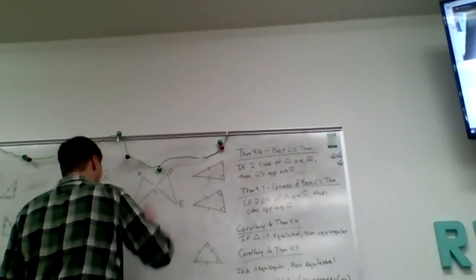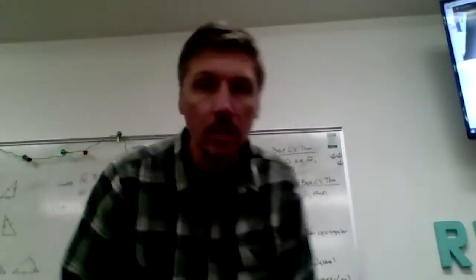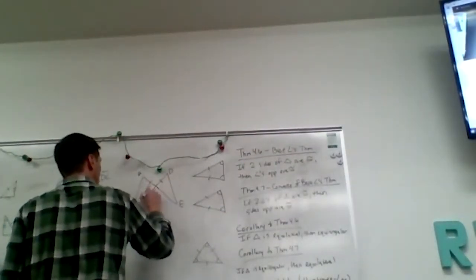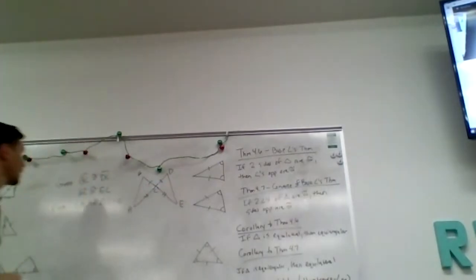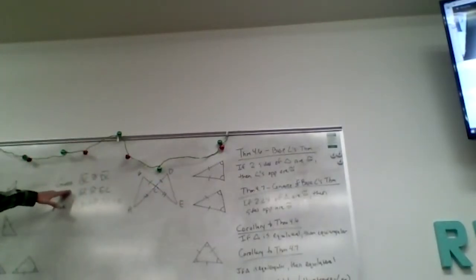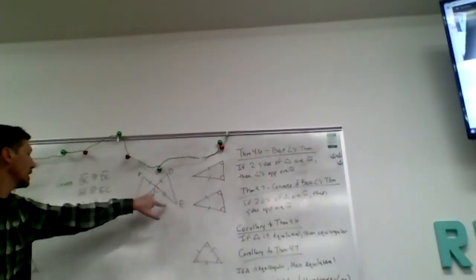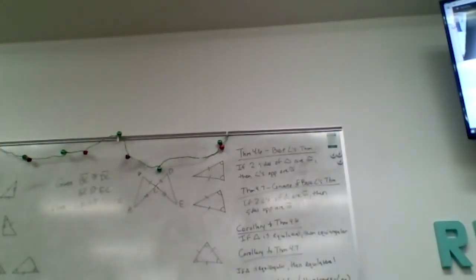I think that's been drawn on there. So I think this is all that was given: BC and DC are congruent, and AC and EC are congruent. And we're trying to prove that the triangles are congruent.